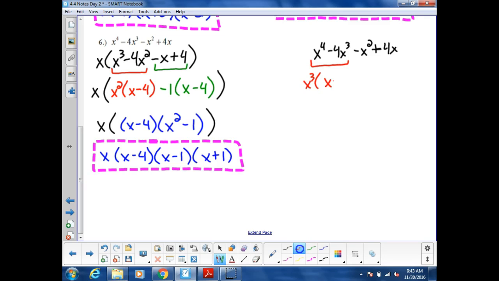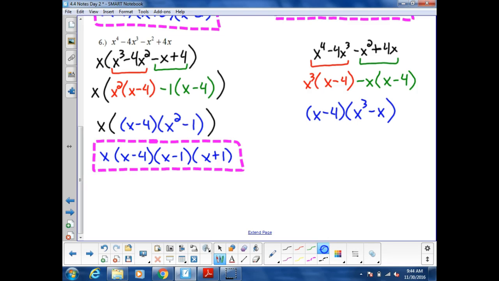That leaves me with x minus 4, right? And then you said factor out a negative x. That leaves me with x minus 4. So then if I factor out an x minus 4, I'm left with x cubed minus x.